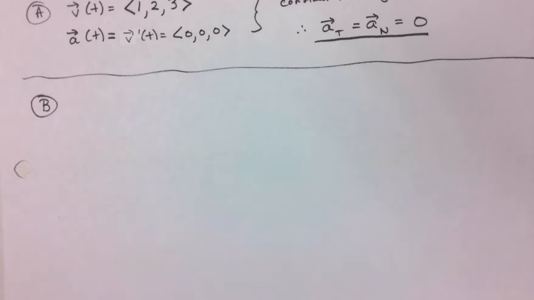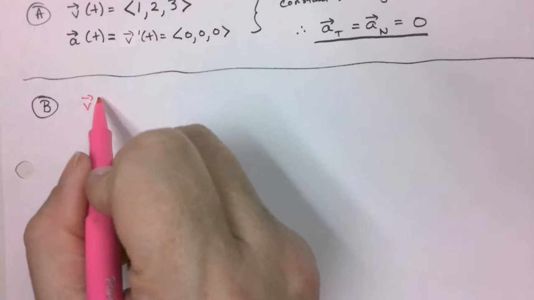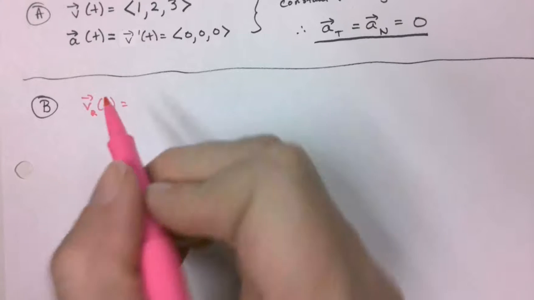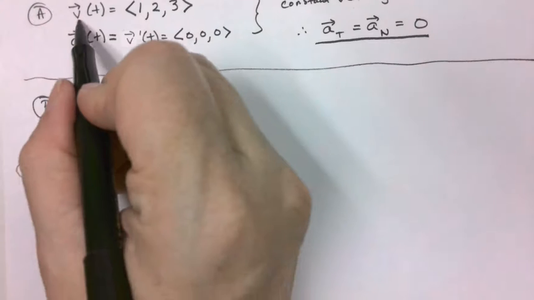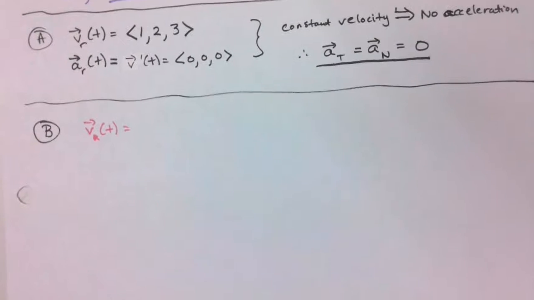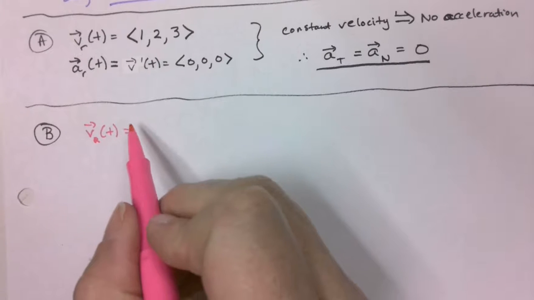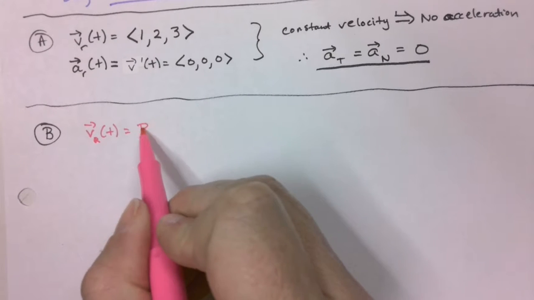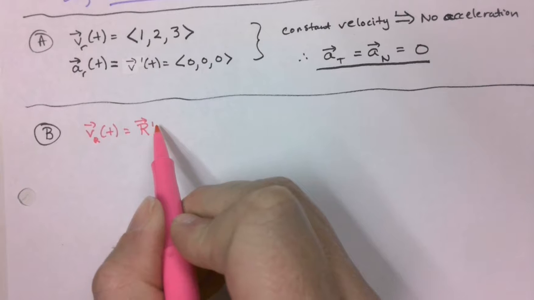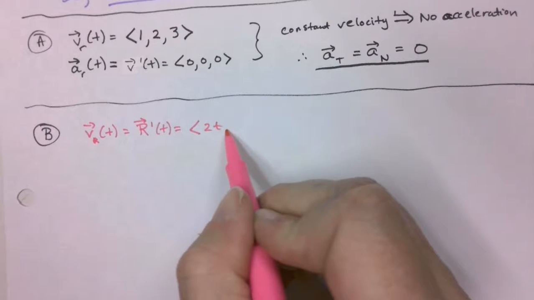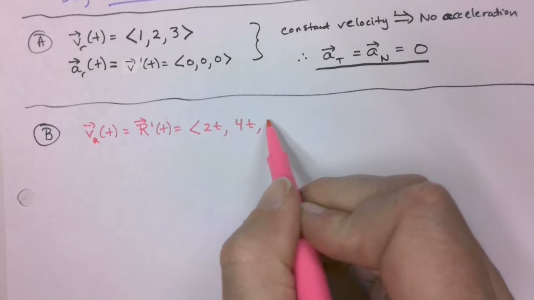So V of t will be, and this is really for capital R. These ones over here were for little r, just to make sure that they're clear, right? So for capital R, V of t is the derivative of capital R of t, which would be 2t, 4t, and 6t.